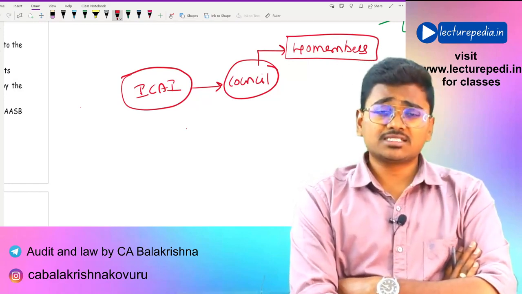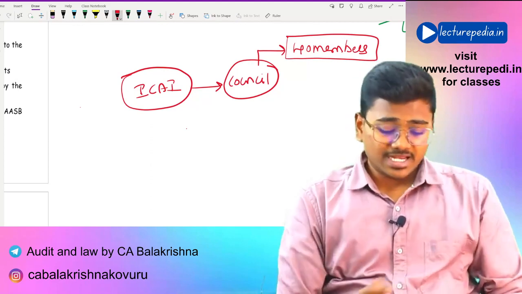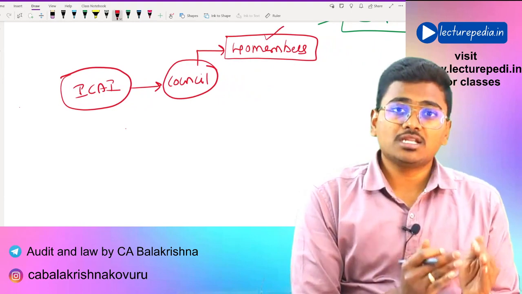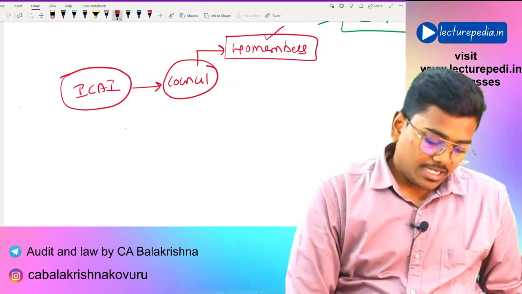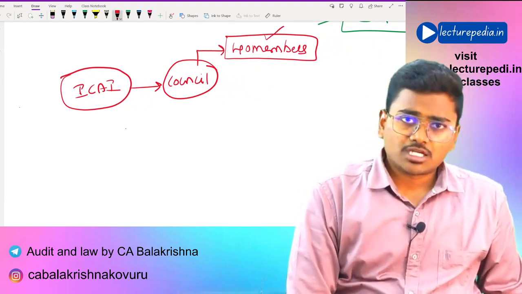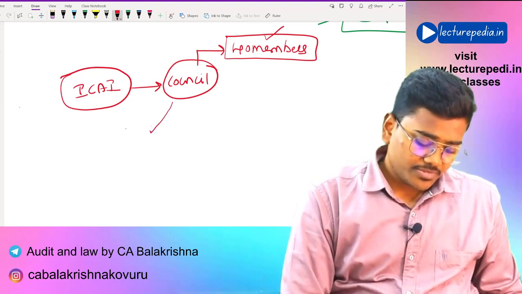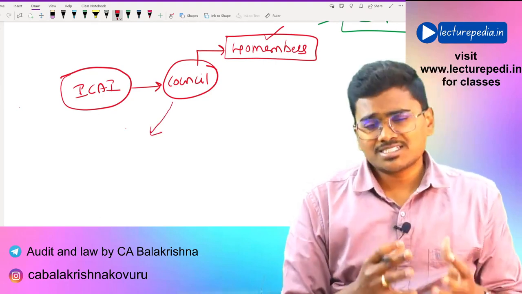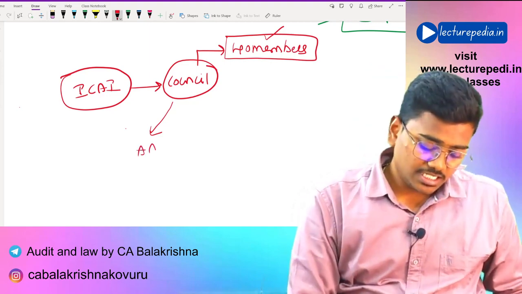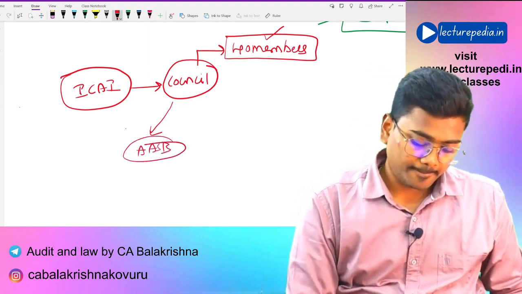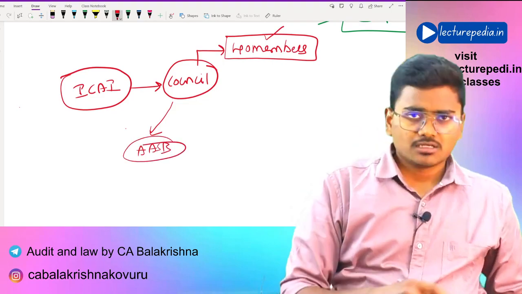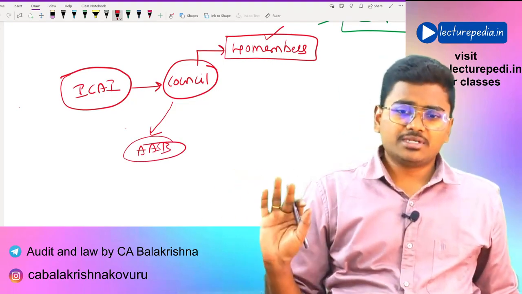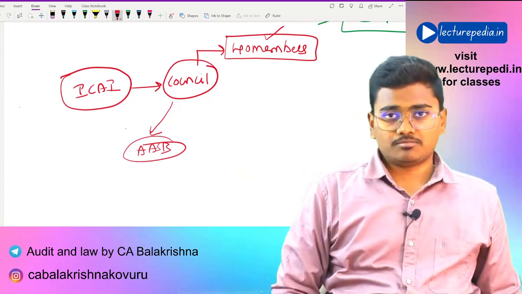In these elections, all the members elect 40 members as council members, and under this council it will set up various committees. One such committee is the Auditing and Assurance Standards Board. Like this, for each matter there will be separate committees set up by the council. Hope that is clear.